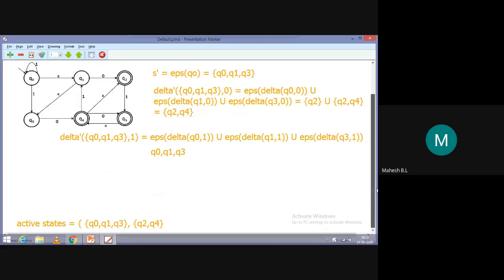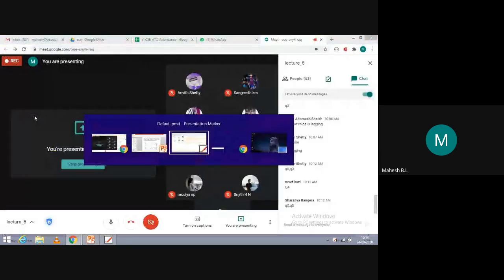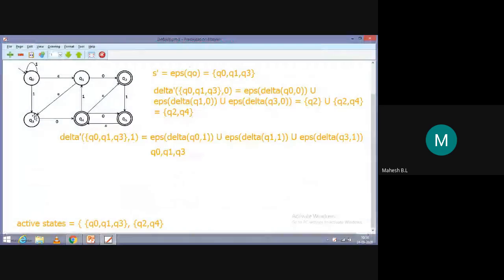From q naught, you have two possible transitions on 1. One is to q naught itself, another one is q3. So delta of q naught comma 1 is nothing but q naught and q3.